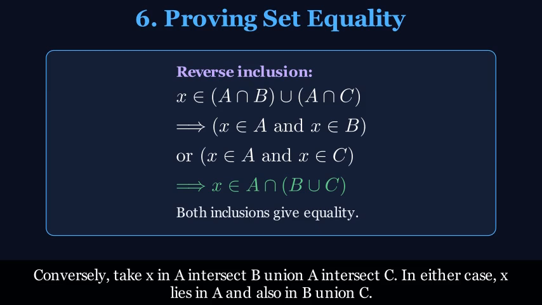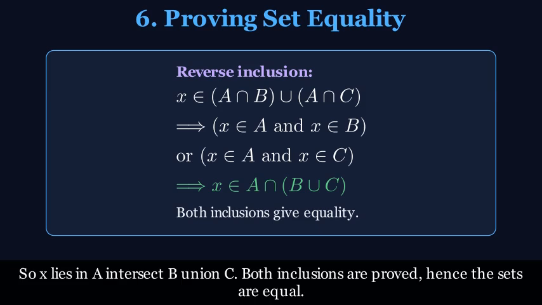Conversely, take x in (A intersect B) union (A intersect C). In either case, x lies in A and also in B union C. So x lies in A intersect (B union C). Both inclusions are proved, hence the sets are equal.